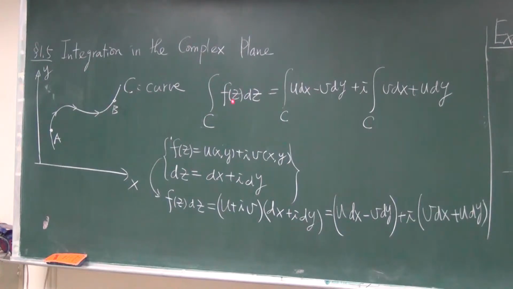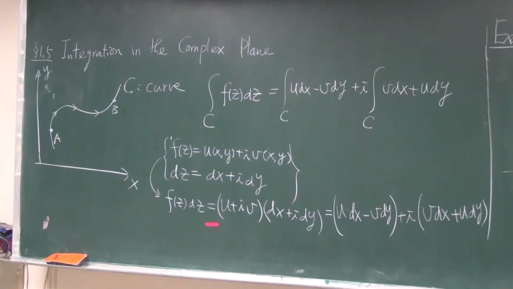See here, this function can be decomposed into the real and imaginary parts, and dz can also be decomposed into the real and imaginary parts. Then we multiply this by this to get the result here, and we identify the real part and the imaginary part by this direct multiplication.